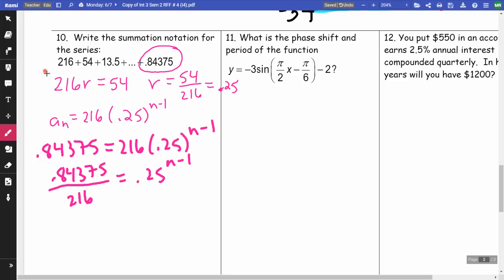It isn't nice, but I'm going to hit math and fraction. So when I change it to a fraction, it's 1 over 256 is equal to 0.25 to the n minus 1.